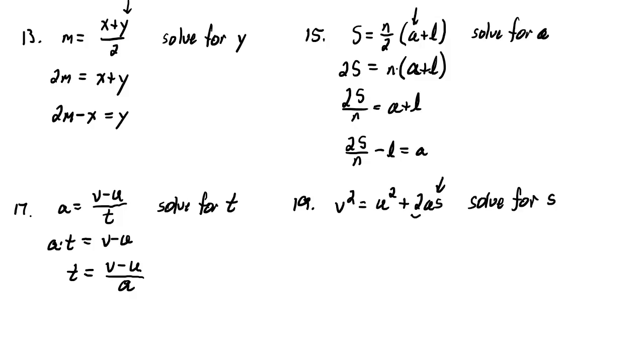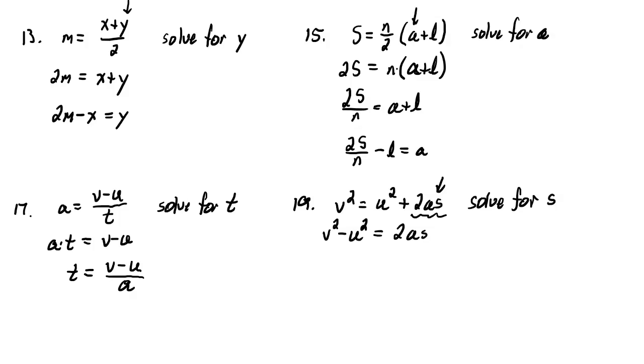But this variable term that has the s also has another term added to it. So we know from chapter 3 that you first get the term alone that has the variable. We got to get the 2as alone. We can do that by subtracting the u squared. So v squared subtract u squared is equal to 2as.